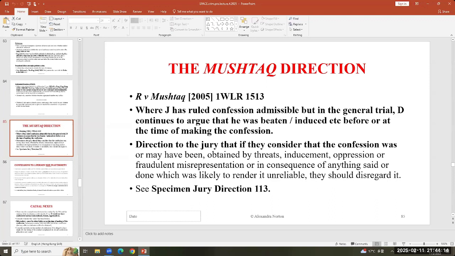Is that admissible? Well, no, because it happened shortly after the tainted record of interview was done by the same officers, and the defendant was still operating under the effect of that beating that he was subjected to at the time of the record of interview.